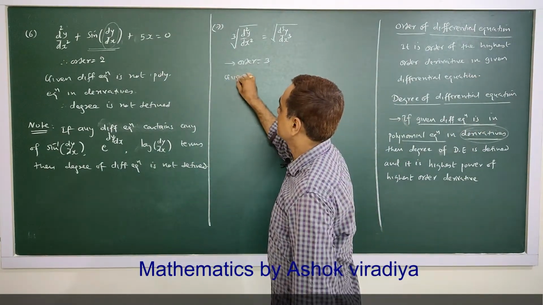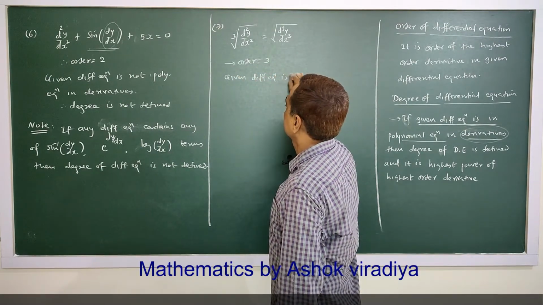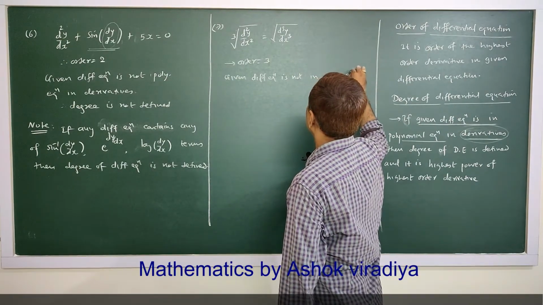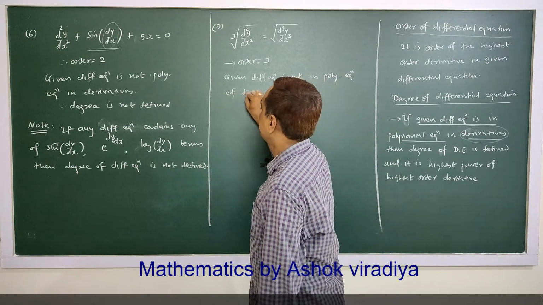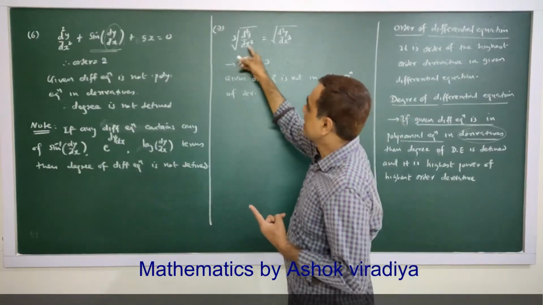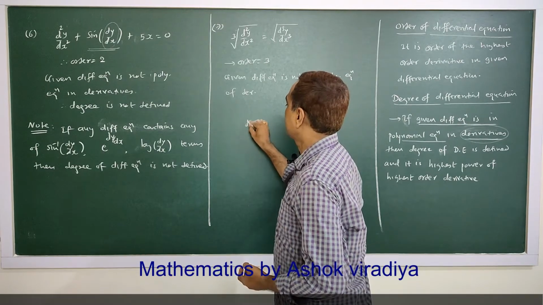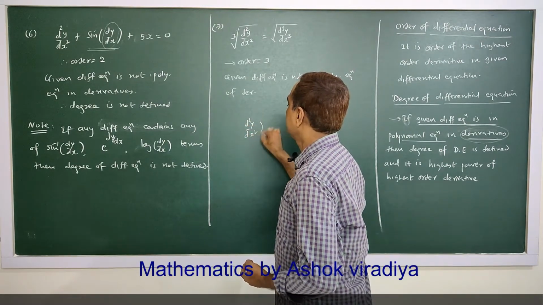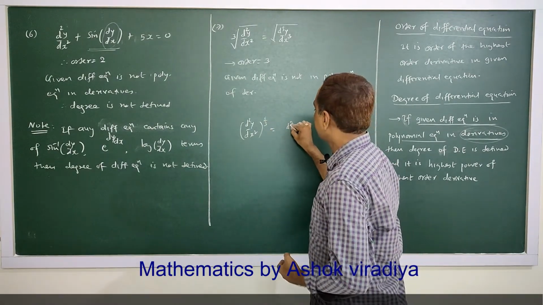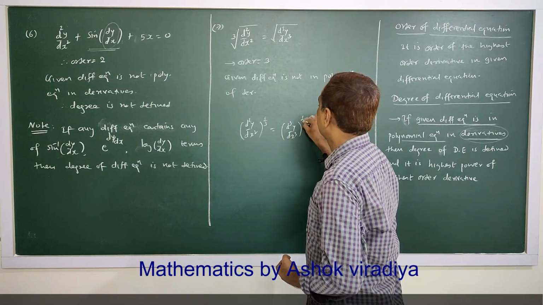The given differential equation is not a polynomial equation in derivatives, because here d square y by dx square has power 1 by 3, and d cube y by dx cube has power 1 by 2.